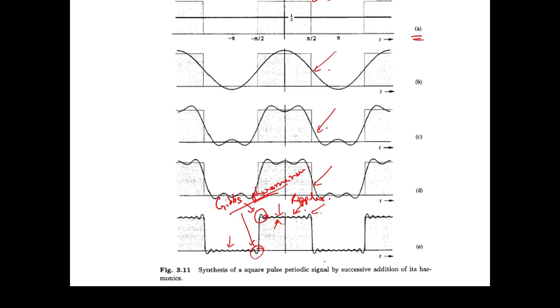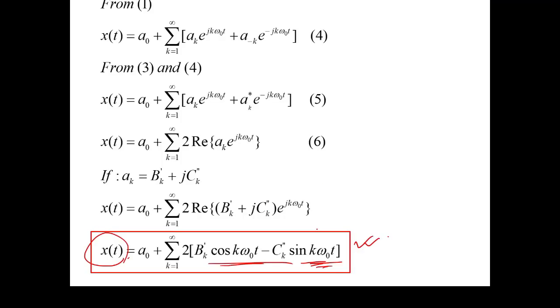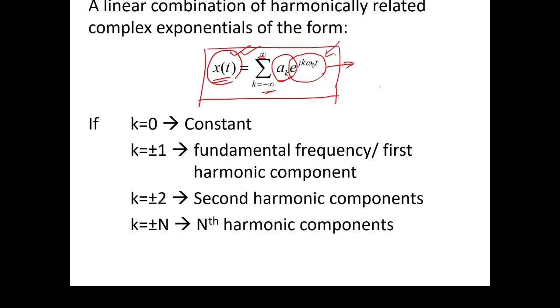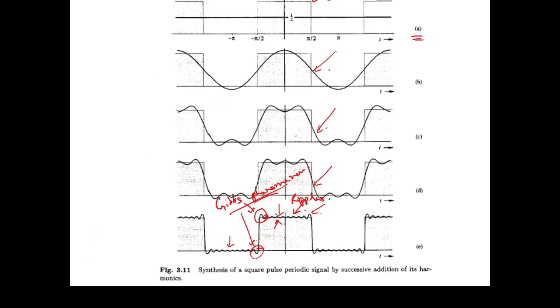Now why is this happening? The answer lies in the equation itself. If we look at the Fourier series equation, we are saying that an infinite number of sinusoidal waves are used for the reconstruction of any periodic signal.